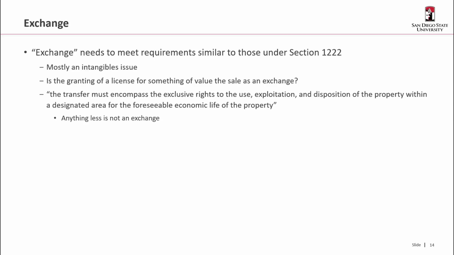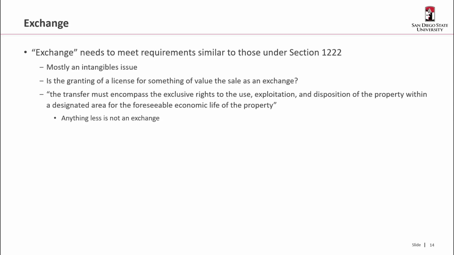The transfer must encompass the exclusive rights to use, exploit, and dispose of the property within a designated area for the foreseeable economic life of the property. Anything less than that would not qualify as an exchange. So if, for example, I said, look, I own the rights to Dunkin' Donuts, and I'm going to give you the rights to operate as Dunkin' Donuts in a country for 5 years.